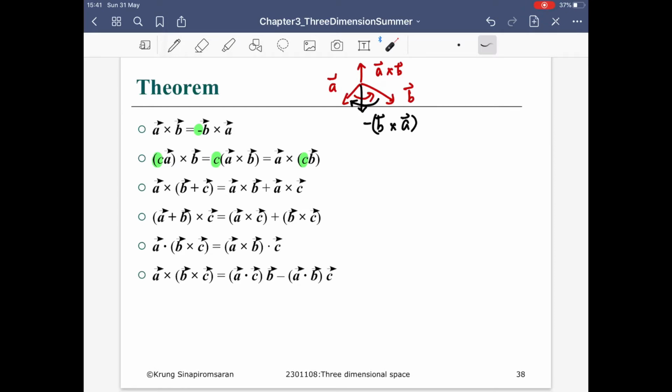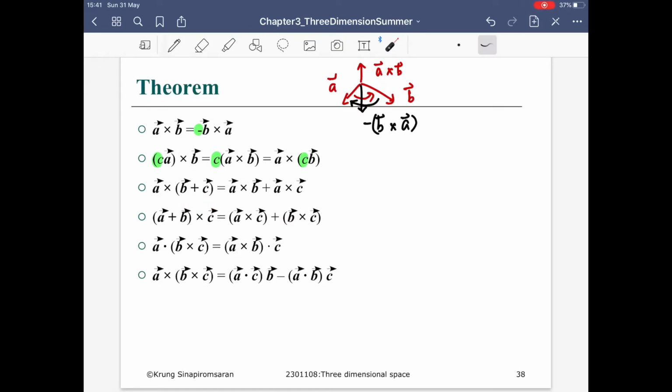And if you do A plus B first and then cross C backward like this, then your C will do the distribution backward, so it will be A cross C and then B cross C, just like this.